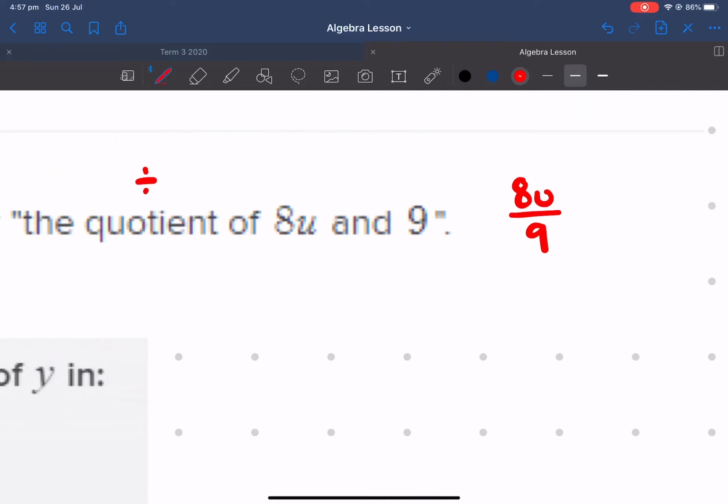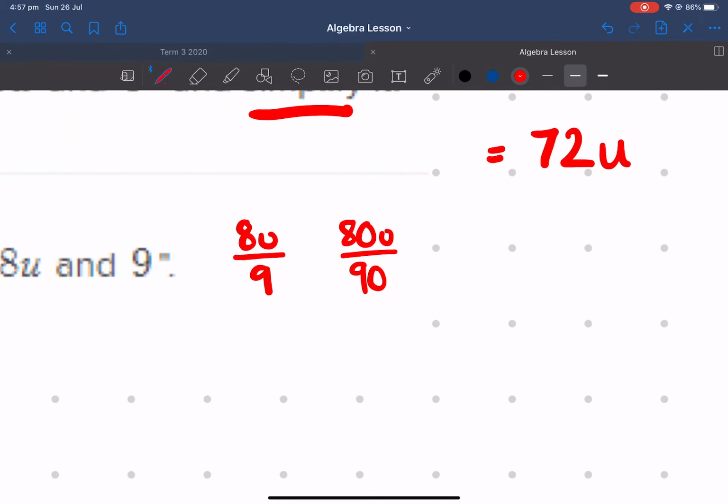All right, I can't simplify that. If I gave you one that you could simplify, maybe 80u over 90, what you might realize is that I can divide the top by 10 and I can divide the bottom by 10 and I would get that same answer. Okay, so sometimes we might have to do that extra step of simplifying.